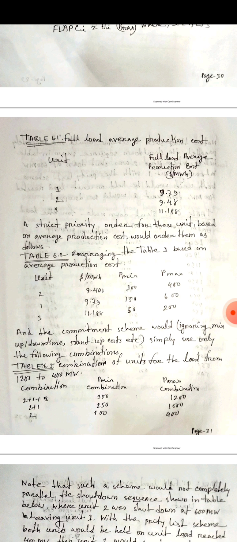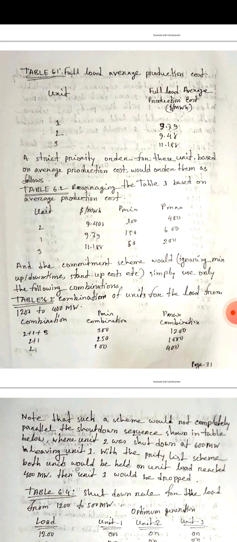Table 6.3, combination of units for the load from 1200 to 400 megawatt. This is the combination, power maximum combination, power minimum combination.